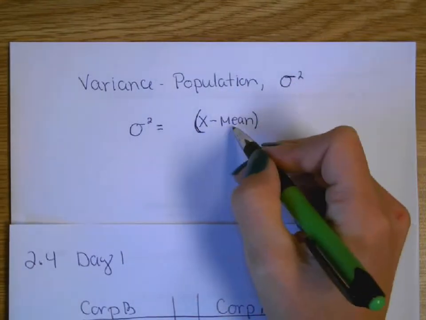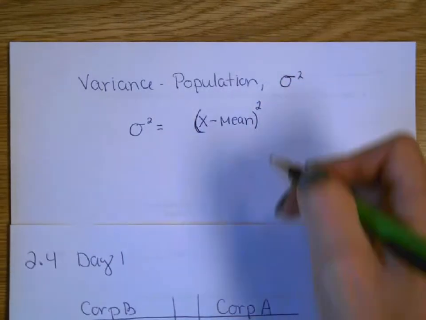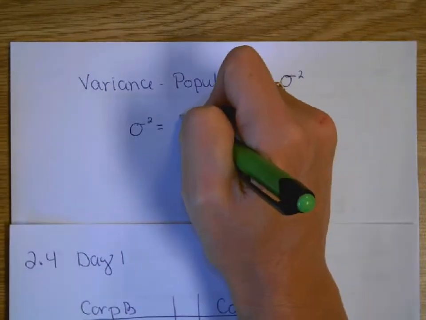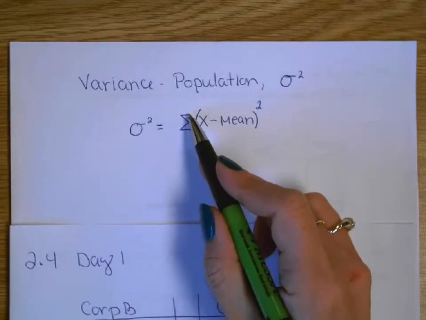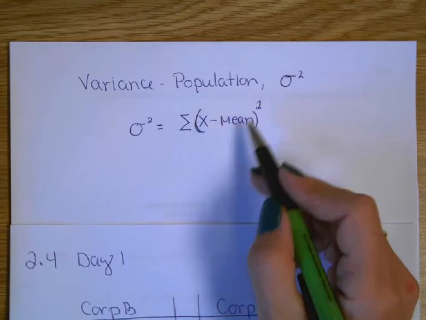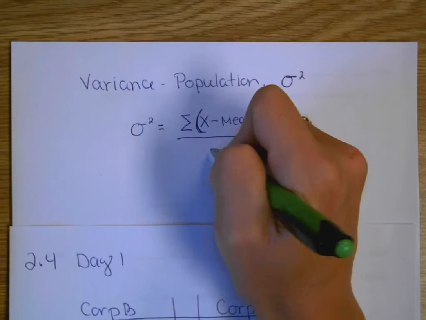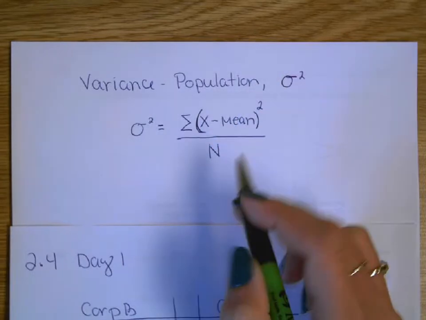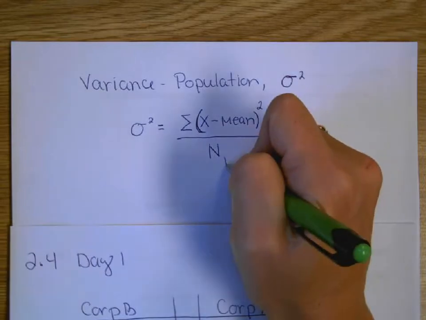Then we're going to take those differences and square each one. Then we're going to add all of those squares together. Remember from advanced algebra, sigma means to sum up. So we're going to get the sum of the squares, then we're going to divide by how many were in our population. So n is your population size.